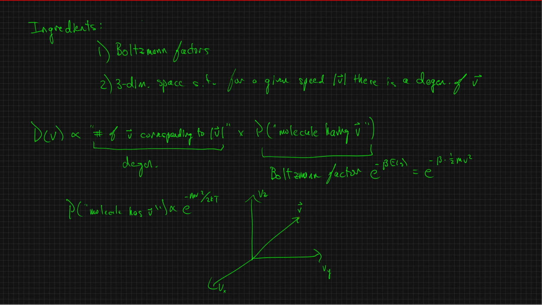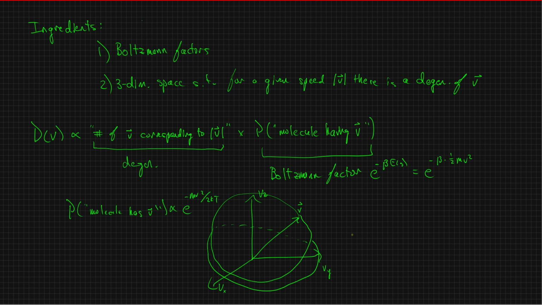Well, the number of different velocity vectors that correspond to this same speed, if I were to draw them, I would just trace out a sphere. This is awful, the weirdest sphere in the world, but hopefully you can picture what I'm going for here, because anything on this shell will have the same length, so it'll have the same speed.